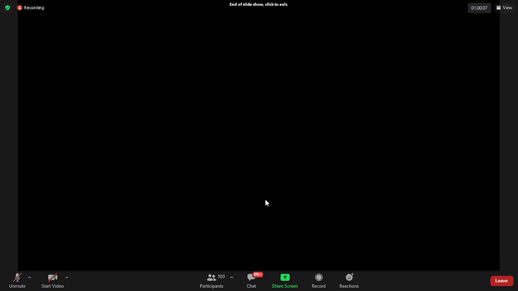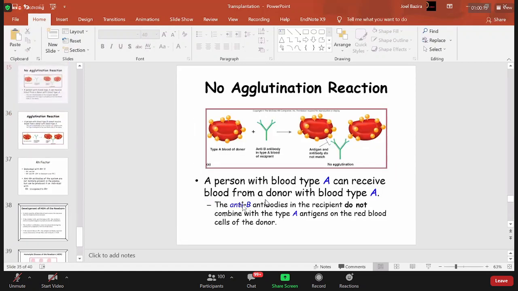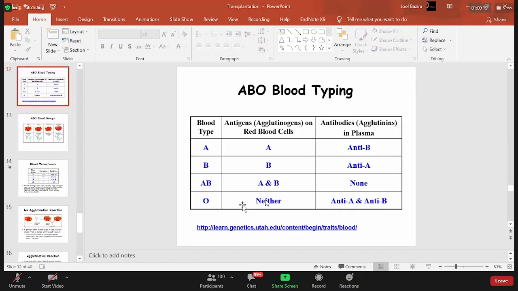So if someone who is blood group A is given blood group O, that means the antibodies present in the donor will react with A antigens present in the recipient. So what is the basis of saying that blood group O is a universal donor? Thank you, Professor.